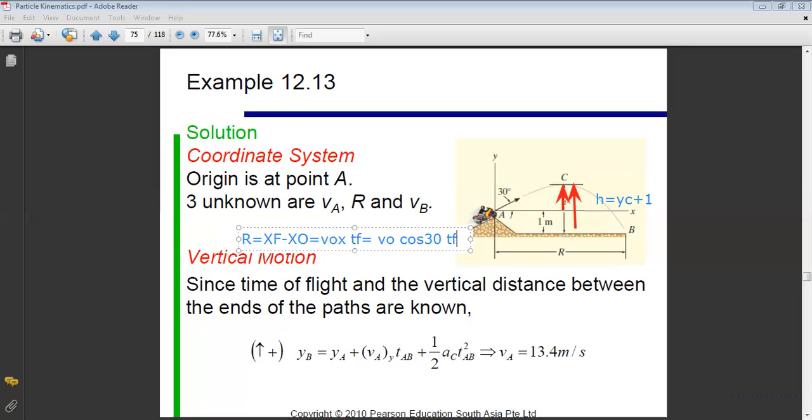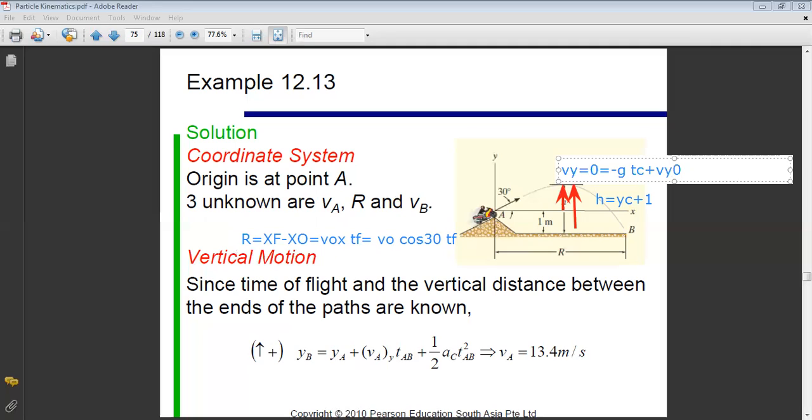Now, for the maximum height, we said that we do it in one step by using the relation independent of time. If you didn't use it to find y maximum, you can do it in two steps. First, you say that Vy is 0 at C. From Vy equal to 0, you can get the time, because Vy is equal to minus g times t plus Vy0, which is already calculated.